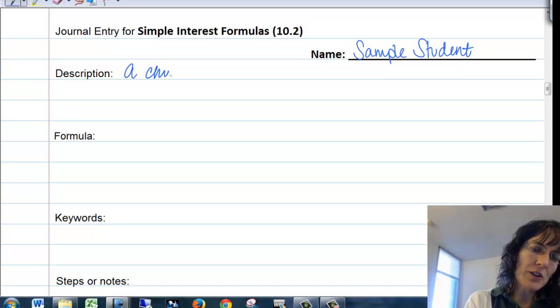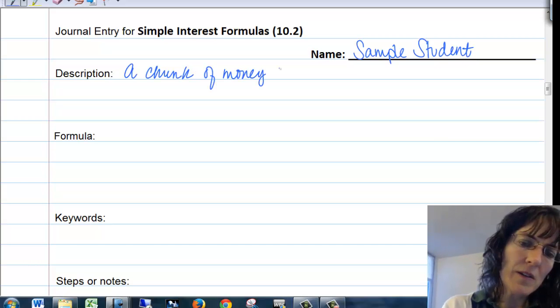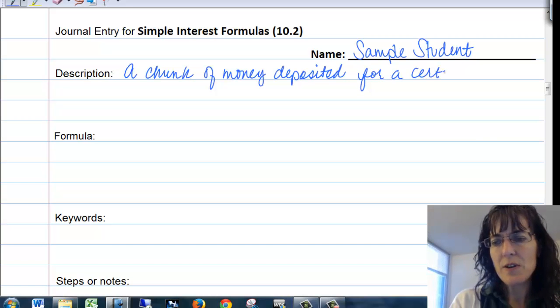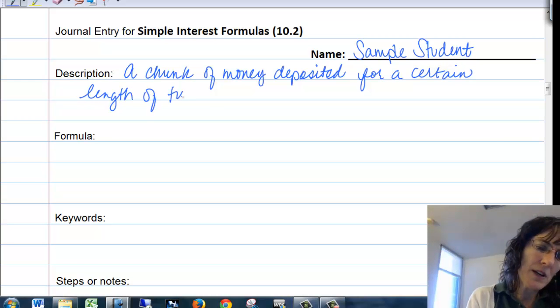a chunk of money deposited for a certain length of time.